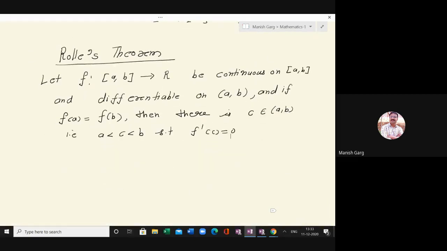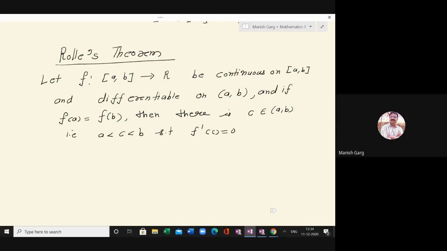There is c. I didn't write 'at least' c or 'one' c. You can say there is at least one c, but there will be at least 1. So if you write there is c, it is silent at least 1. Such that c lies between a and b, such that f dash c is equal to 0.